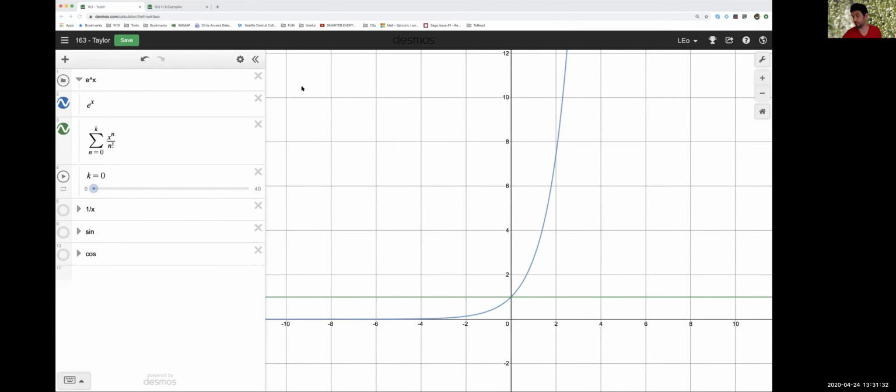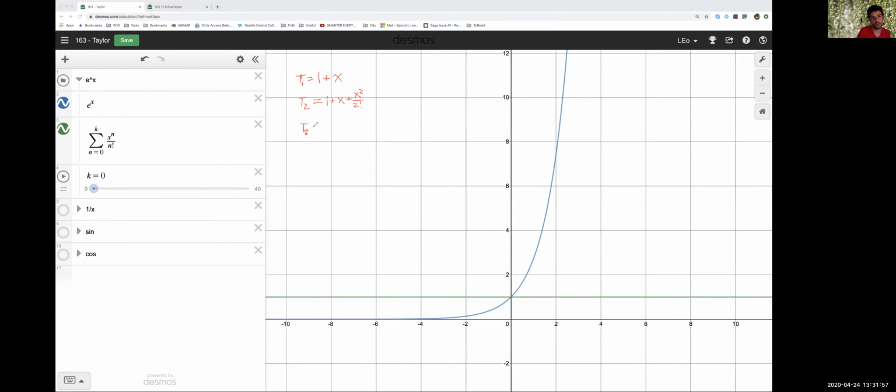Let's maybe write these out on this screen. So our first approximations we did just a moment ago, we had T1 was equal to 1 plus x. T2 was equal to 1 plus x squared over 2 factorial.